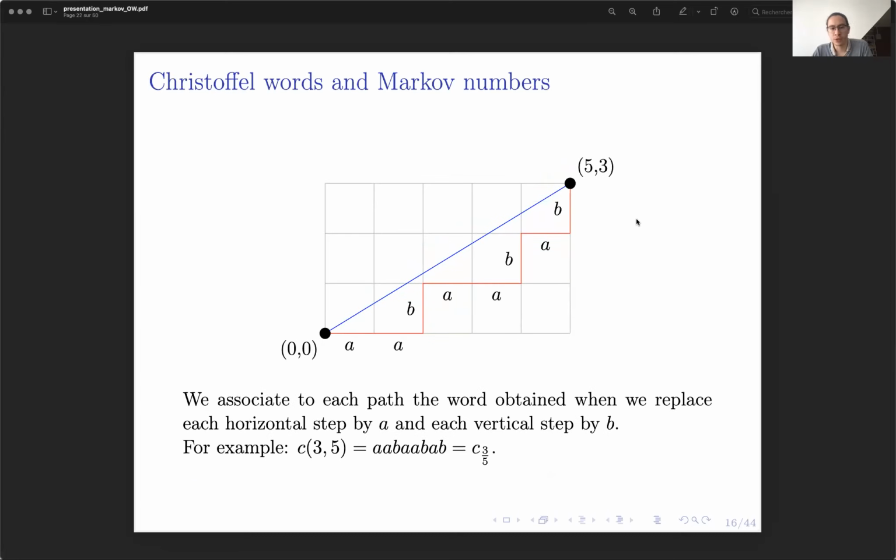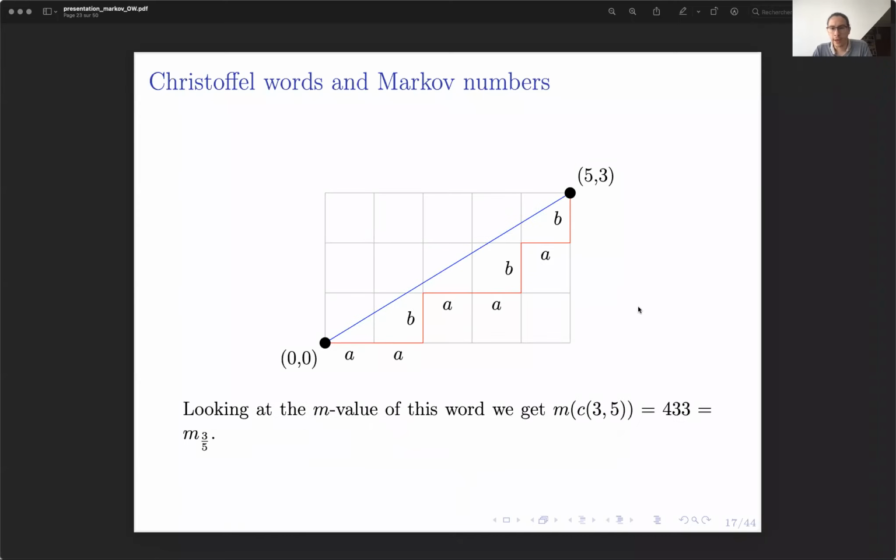And we can associate to each path a word, which is obtained by replacing each horizontal step by a and each vertical step by b. So here we have this word aabaabab, which is the lower Christoffel word, because we can define an upper Christoffel word by going above the line, for 3/5. And we extend this definition.